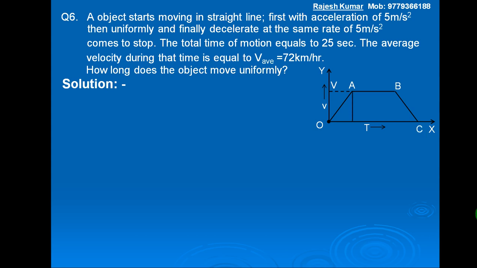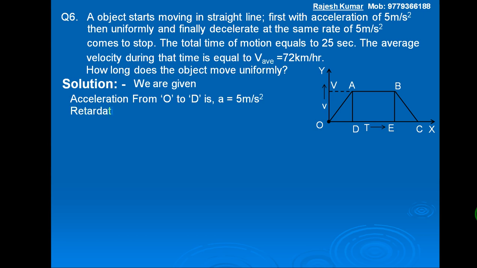From point A, draw AD perpendicular on the x-axis, and from point B, draw BE perpendicular on the x-axis. We are given acceleration from point O to point D, A is equal to 5 meter per second square.